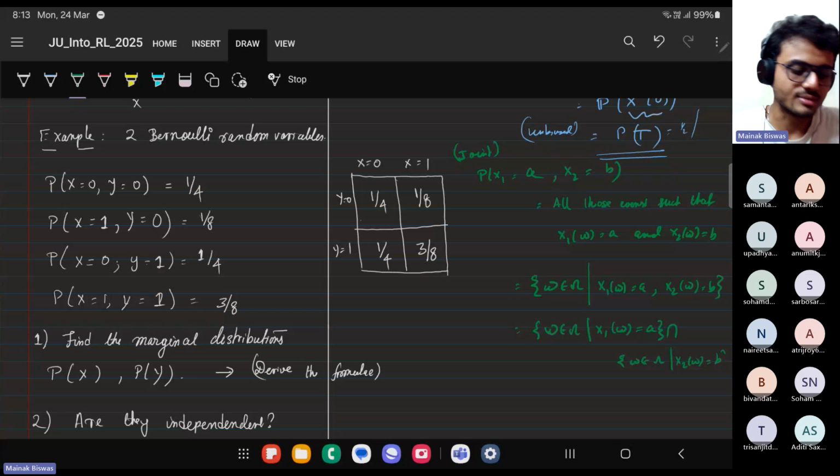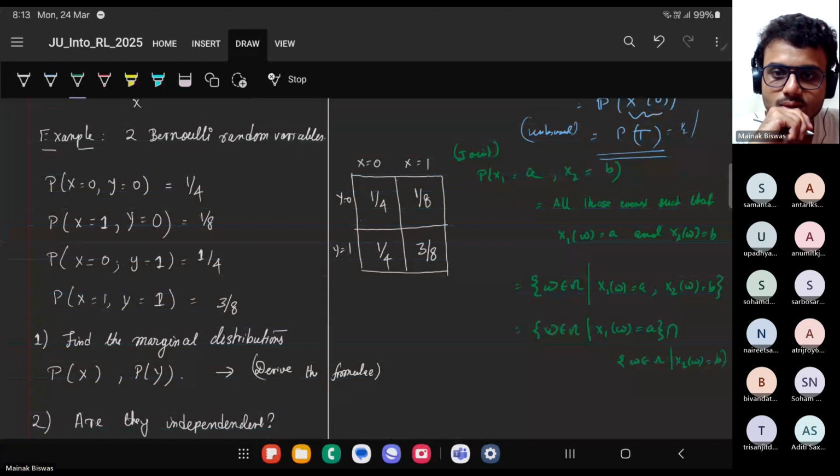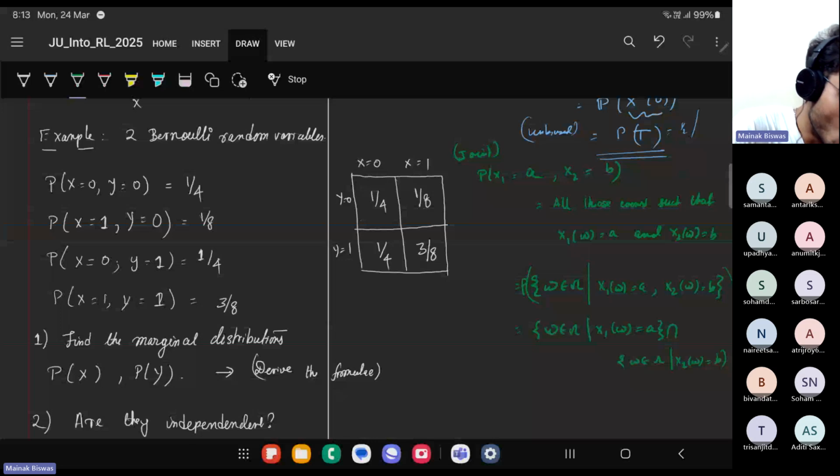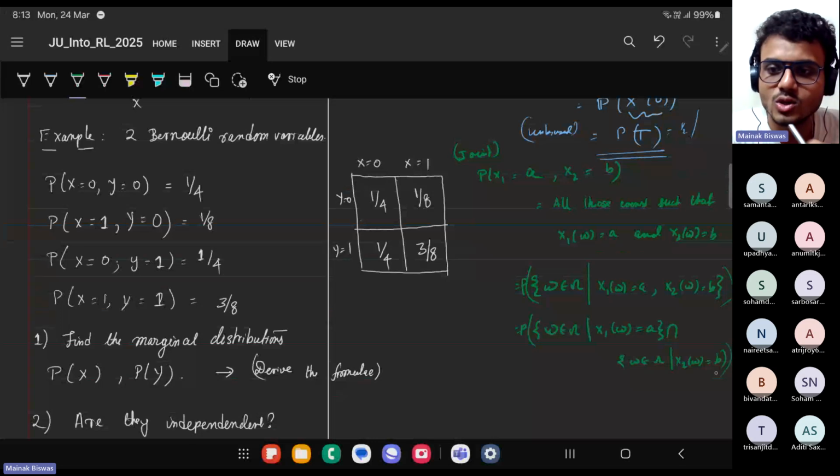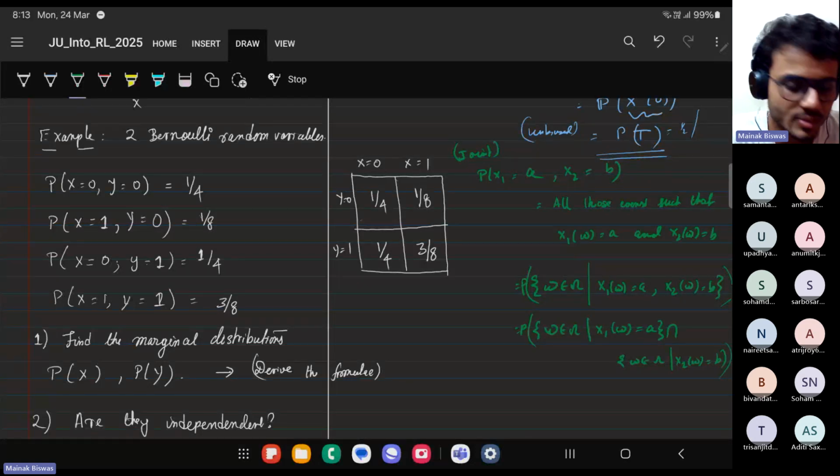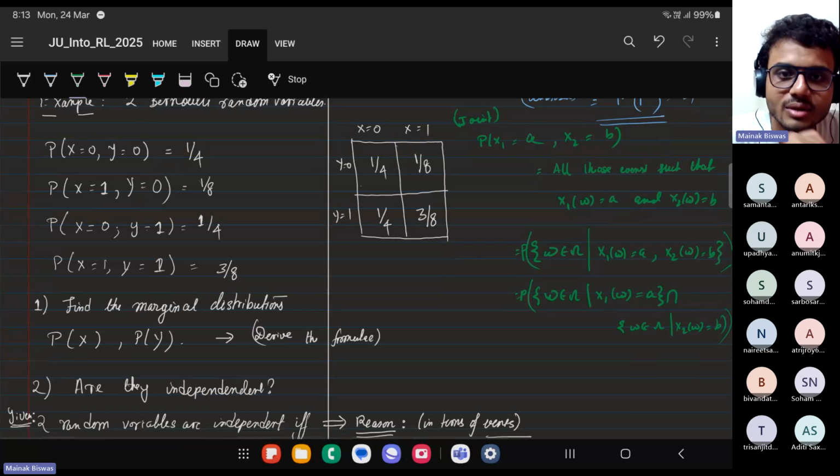Is this clear to everyone? Fine. If both these events have to occur, they have to refer to some events in the space. We'll get to an example, but is this clear? Both the events, x1 of omega has to be equal to a and x2 of omega has to be equal to b, because these are the two things that must be satisfied.